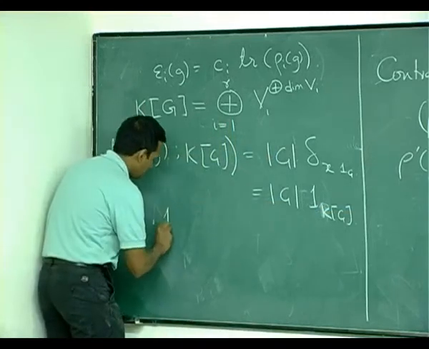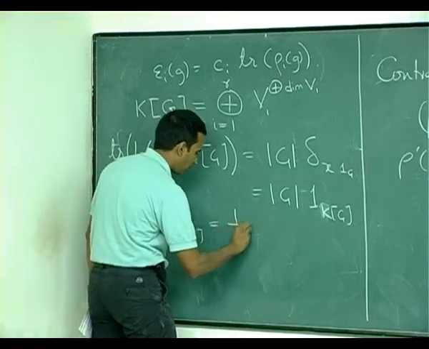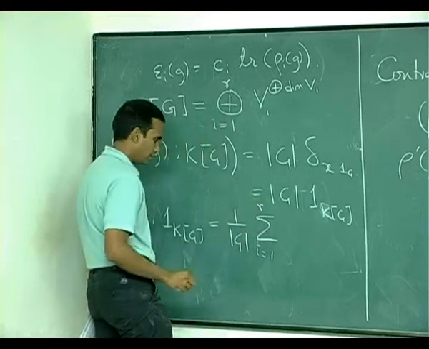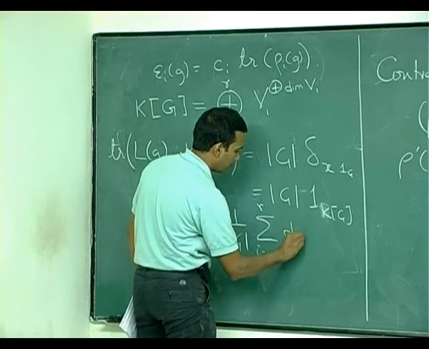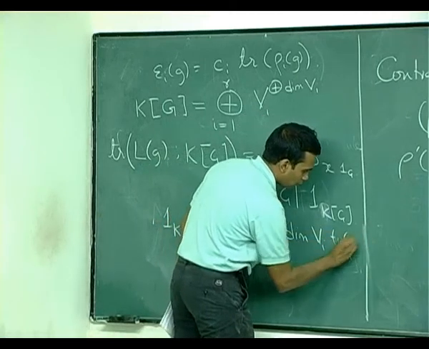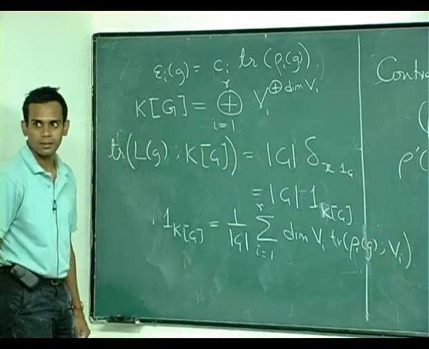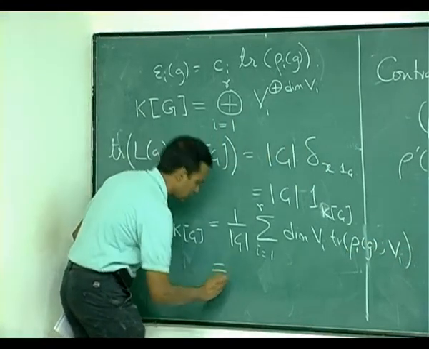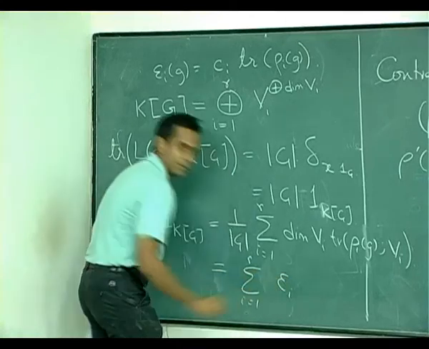And so what you get is that the unit of KG, now if I expand the right hand side, I just get 1 over cardinality of G, summation i goes from 1 to r, dim V_i times trace of rho_i(g) on V_i. That this is summation i goes from 1 to r of epsilon_i.